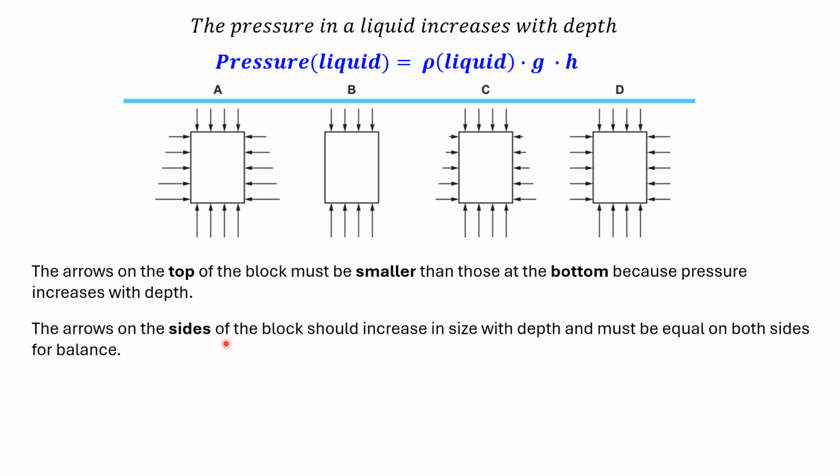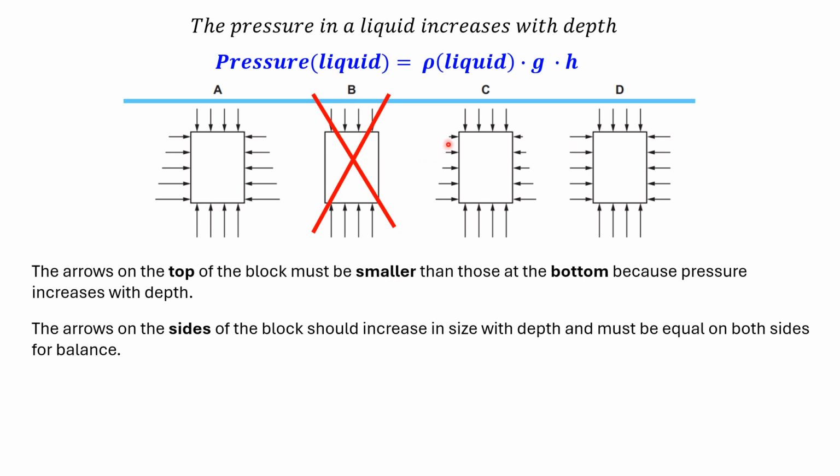The arrows on the sides of the block should increase in size with depth and must be equal on both sides. So let's take a look at A. Yes, it's increasing and they are equal on both sides. At B option, no arrows on the sides.